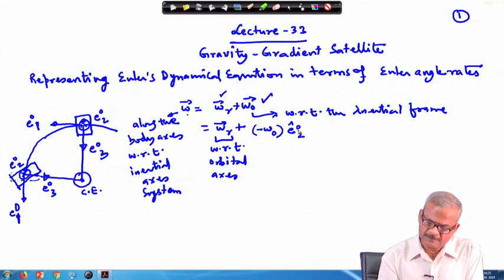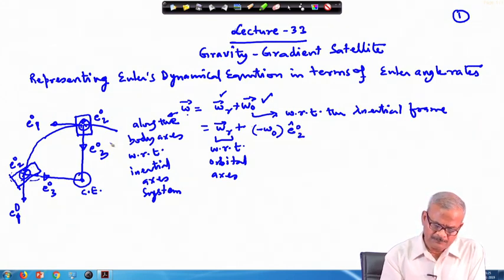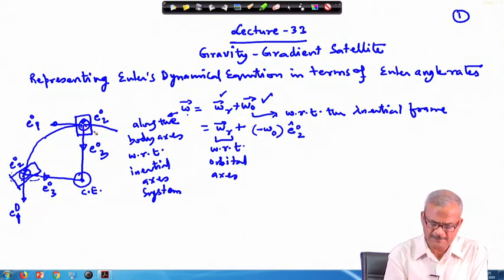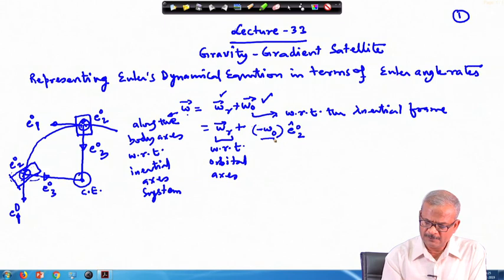Why? Because E cap O2 is just opposite to the angular velocity of the orbital axis. EO2 is going inside the paper, while omega 0 is coming out of the paper, and therefore we put a minus sign here.